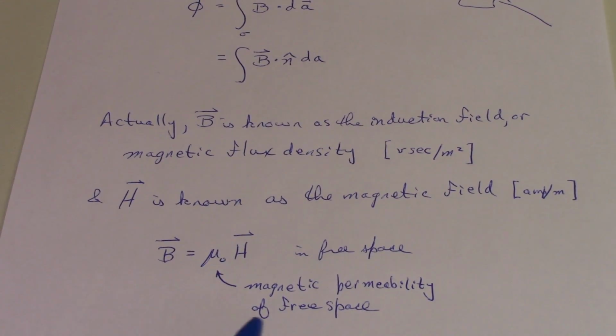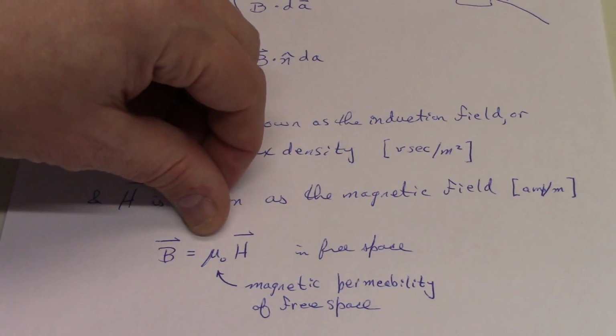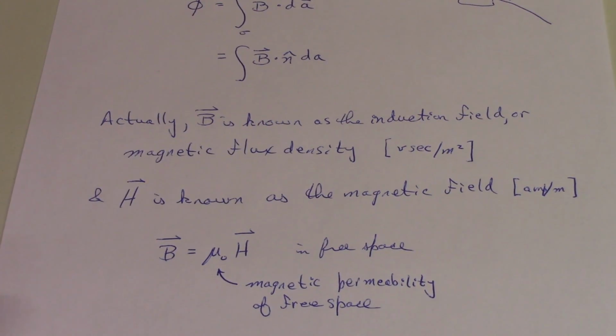In this case, we're talking about the permeability of free space because it isn't really that much different here at the surface of the Earth. If we were talking about a magnetic medium, then there would be another factor of the magnetic permeability of that medium multiplying mu naught. But the point here is that B is equal to mu naught H.